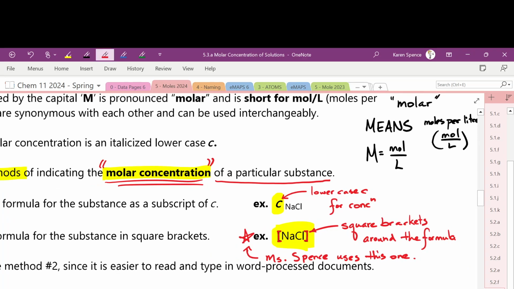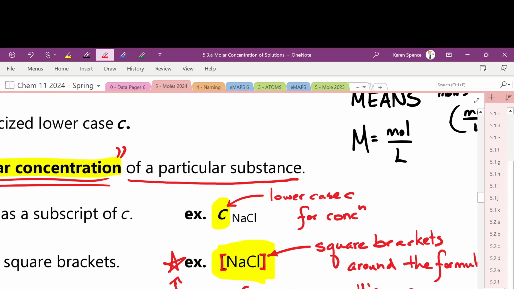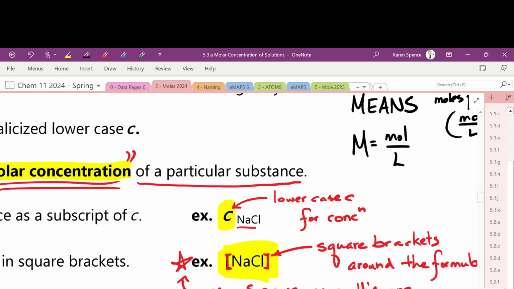Because you have a lowercase c for concentration, and then you have a subscript NaCl, which is okay. I can do that. Do you guys know how to subscript and superscript in Word? Control plus will get you to subscript. Control plus will get you out of subscript. Control shift plus will get you into superscript. Control shift plus will get you out of superscript. If you ever want me to post that on our team, I can do that for you because it's a useful thing.